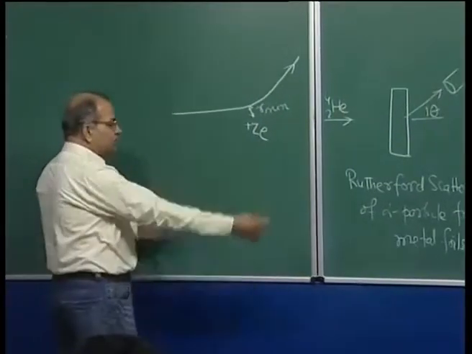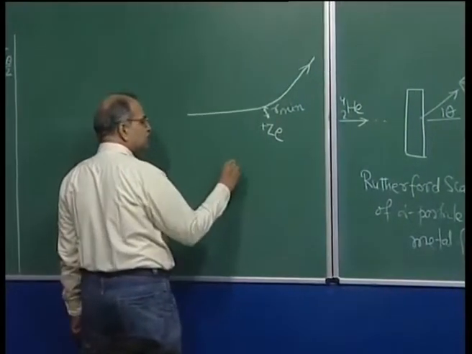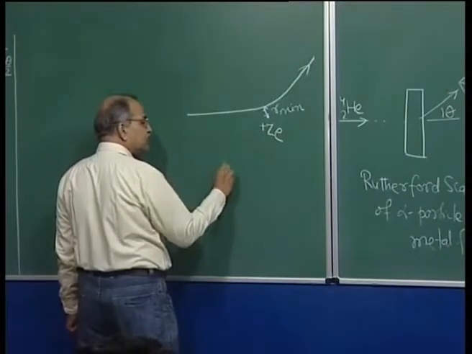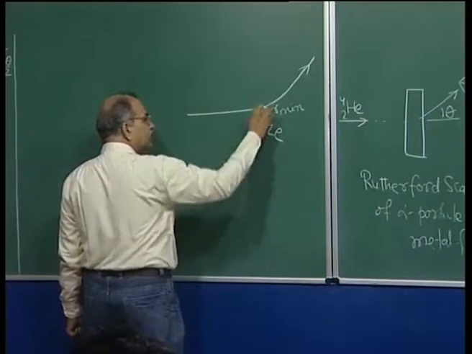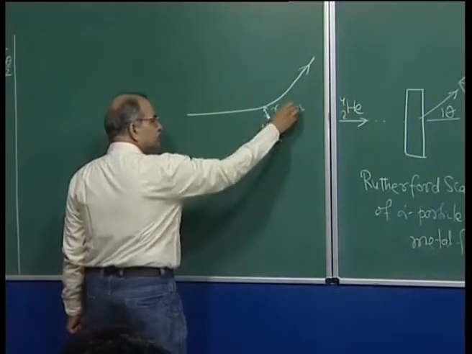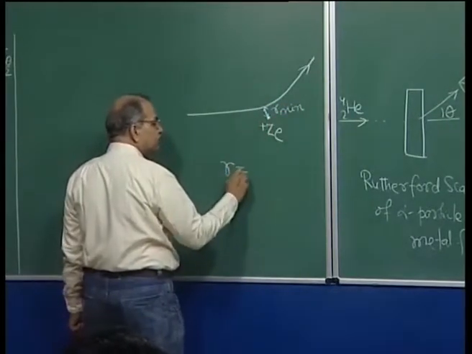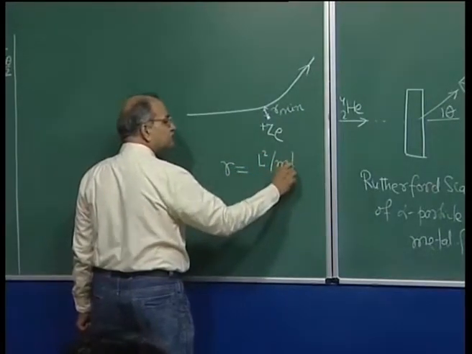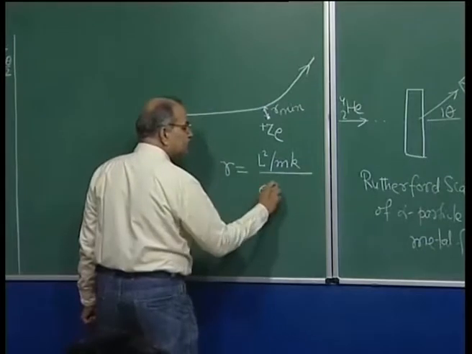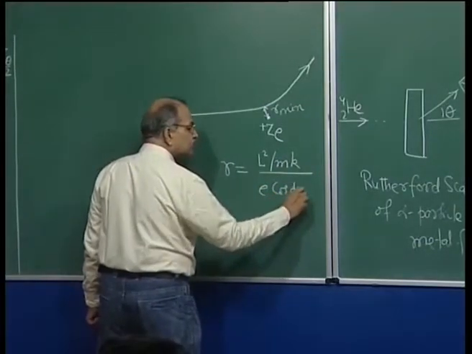So, if you write the whole equation, I do not need that, but still the equation would be, if I take this as origin and then r theta, this as that symmetry axis, r will be given by L square by m k over e cos phi minus 1.